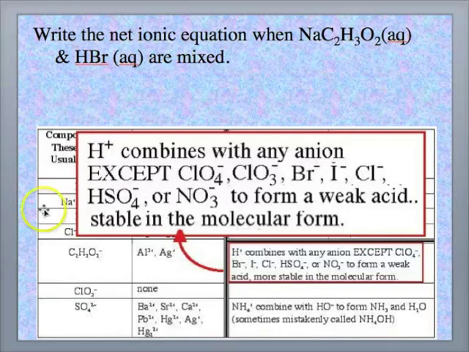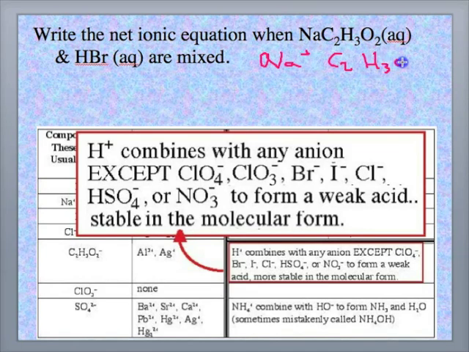For writing net ionic equations in a question like this, what happens when we take sodium acetate and put it in water along with a strong acid HBr? Well, sodium acetate is the salt of a weak acid. It breaks up into sodium ion, that's Na+, and the acetate ion, C2H3O2-.